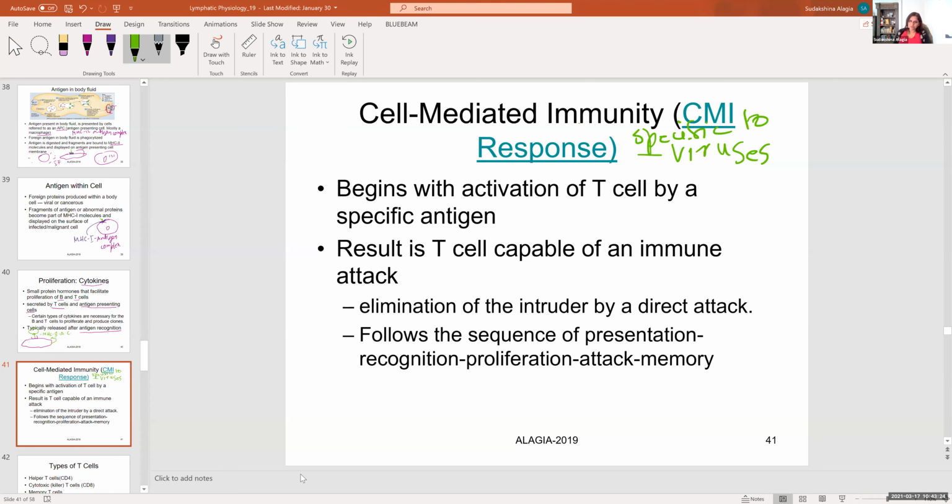I'm just going to draw this in a second. The result is a T cell capable of an immune attack. And this is the sequence again: presentation, recognition, proliferation, attack, memory.